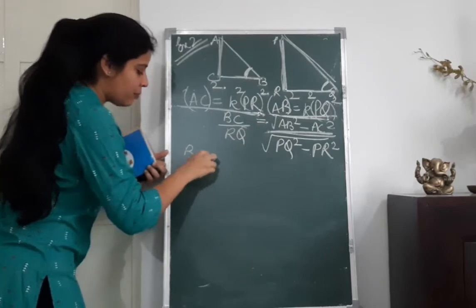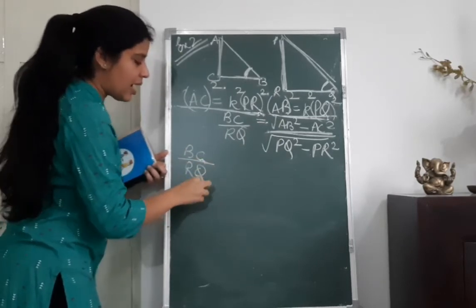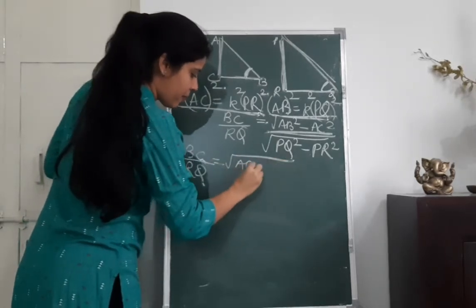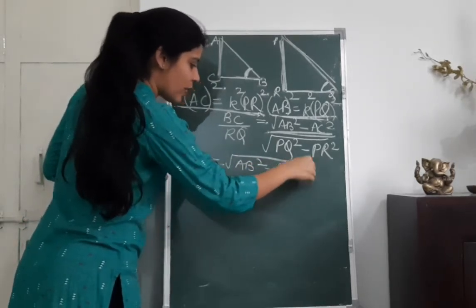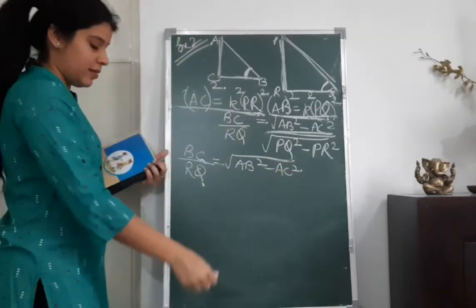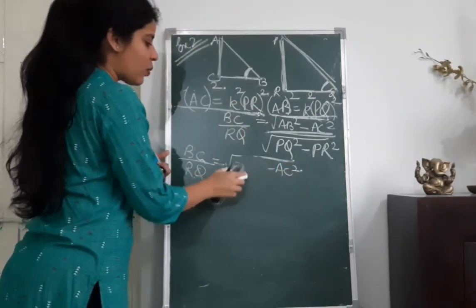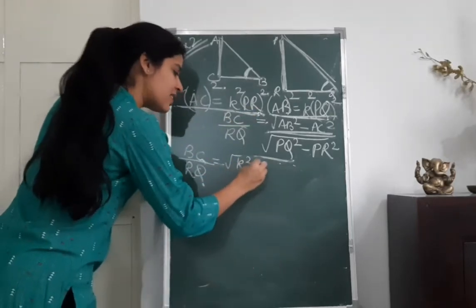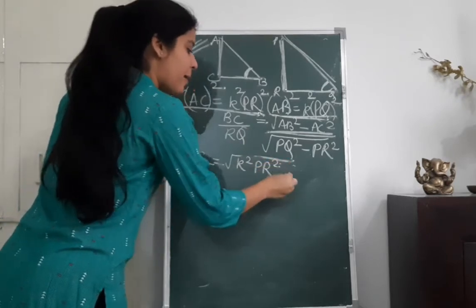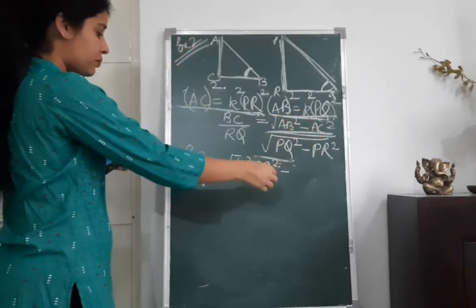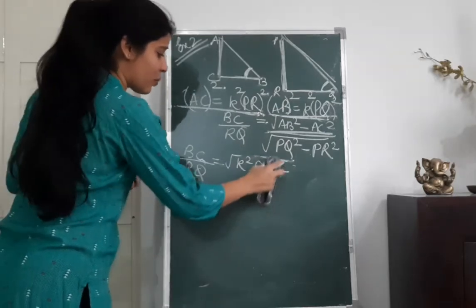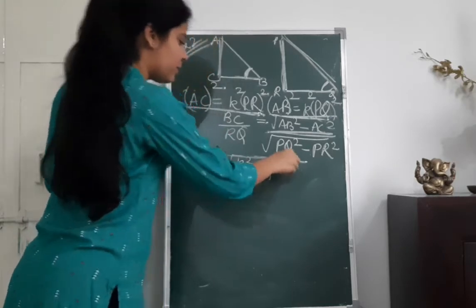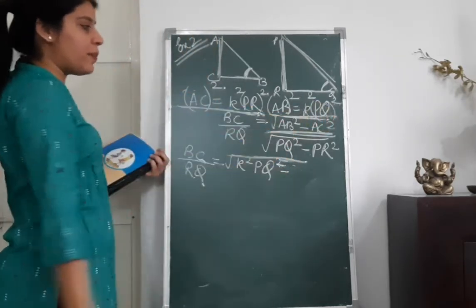See, BC upon RQ is what? Root of AB square minus AC square. What is AB square? Let's put that value here. AB square is nothing but K square PR square. Sorry, AB square is not K square PR square. AB square is K square PQ square. This is AB square, K square PQ square.